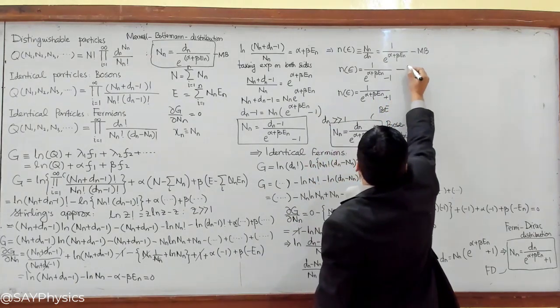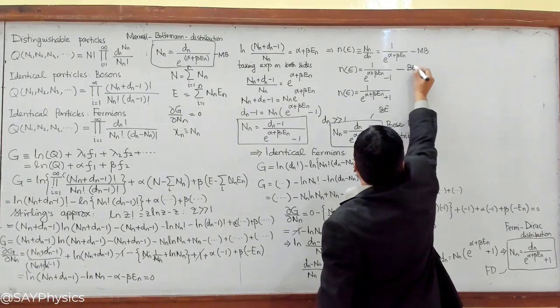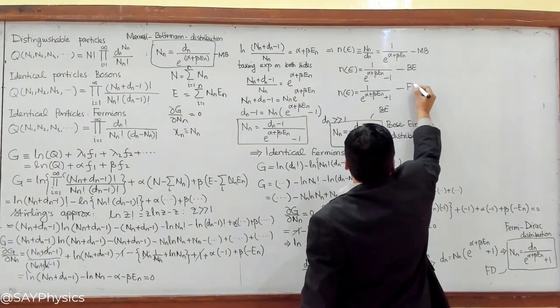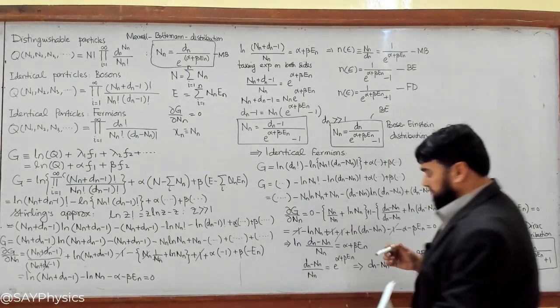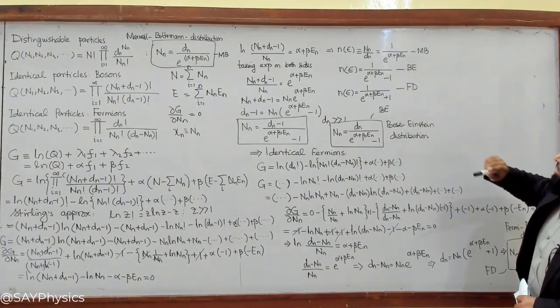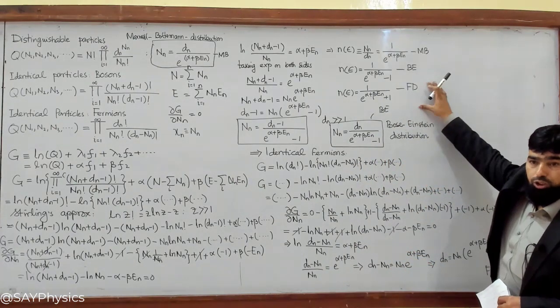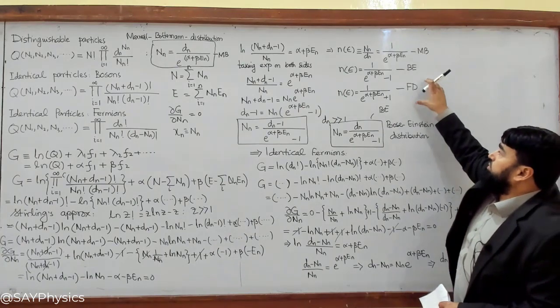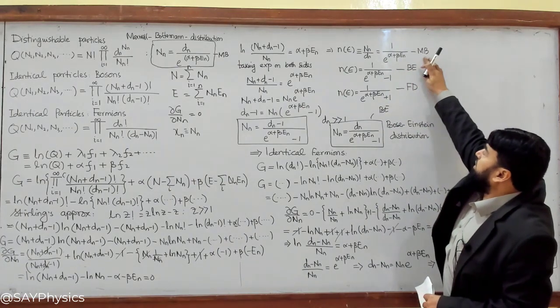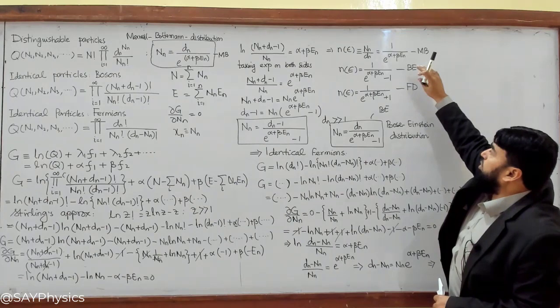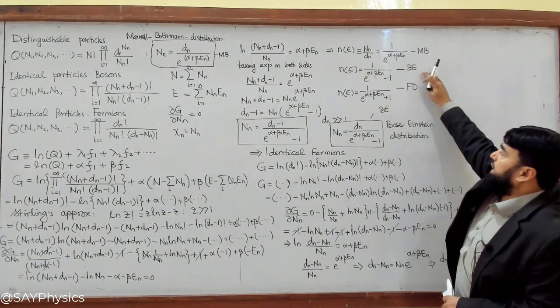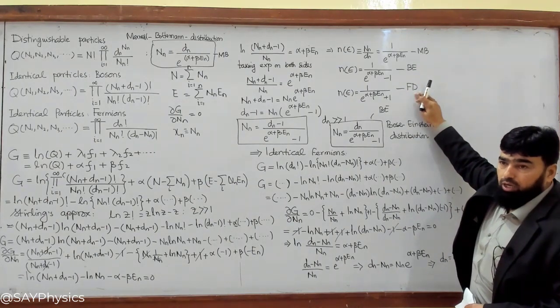So this is for the Bose-Einstein and this is for the Fermi-Dirac. Now we have got these distributions, for the Maxwell distribution, for the Bose-Einstein and for the Fermi-Dirac.